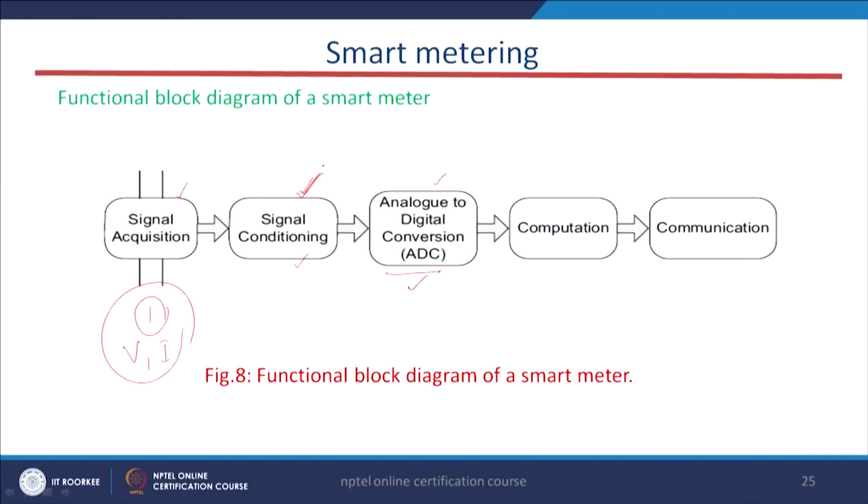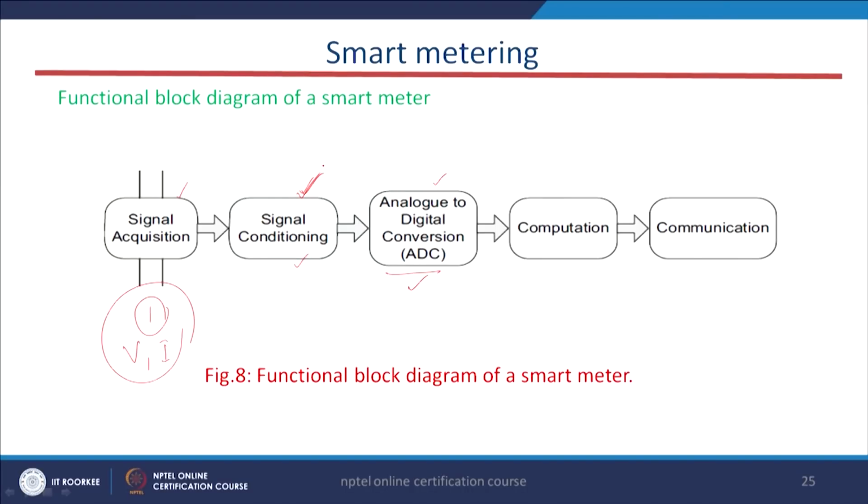Those are the difficulties present on the desired signals, and those components should be removed. We should allow only the fundamental 50 hertz voltage and current signal to the next block. That is what signal conditioning does.